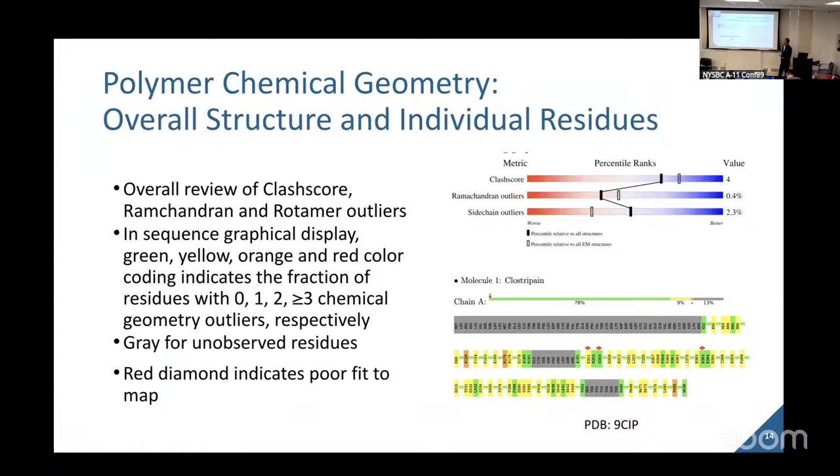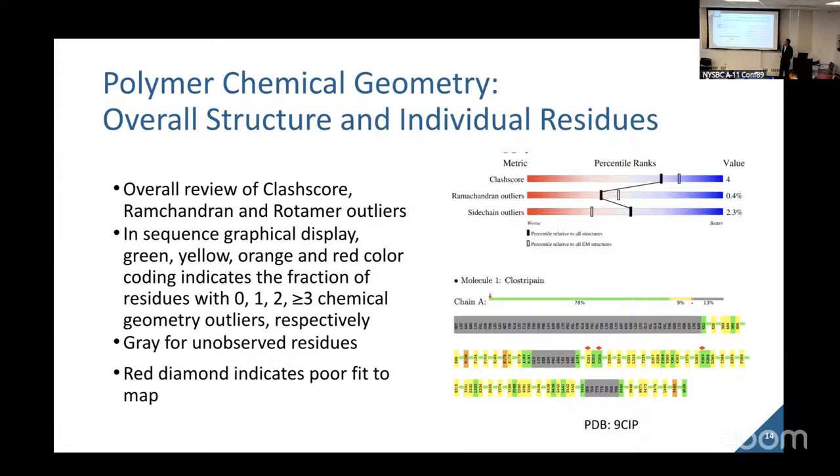95% of PDB users are not structural biologists. So for those users, we need to provide a generic metric for them to review the quality instead of looking at each specific structure feature. So we generated this slider, which compares this specific structure to the other structures in the PDB.